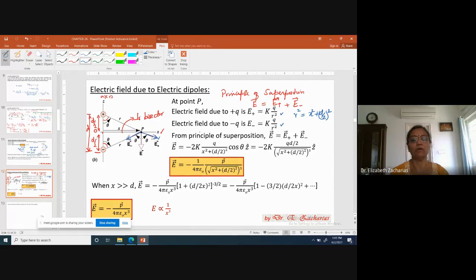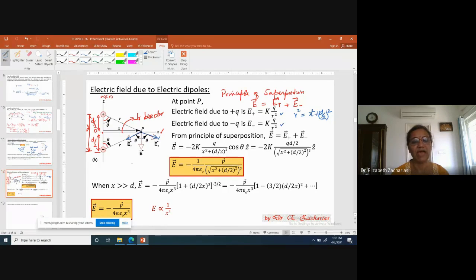Now let's quickly look at this. If this angle made by R with the perpendicular bisector, with the axis, is theta, then you can show that this angle also will be theta. This angle also will be theta. Similarly, this will be an alternate angle, so this also is going to be theta.